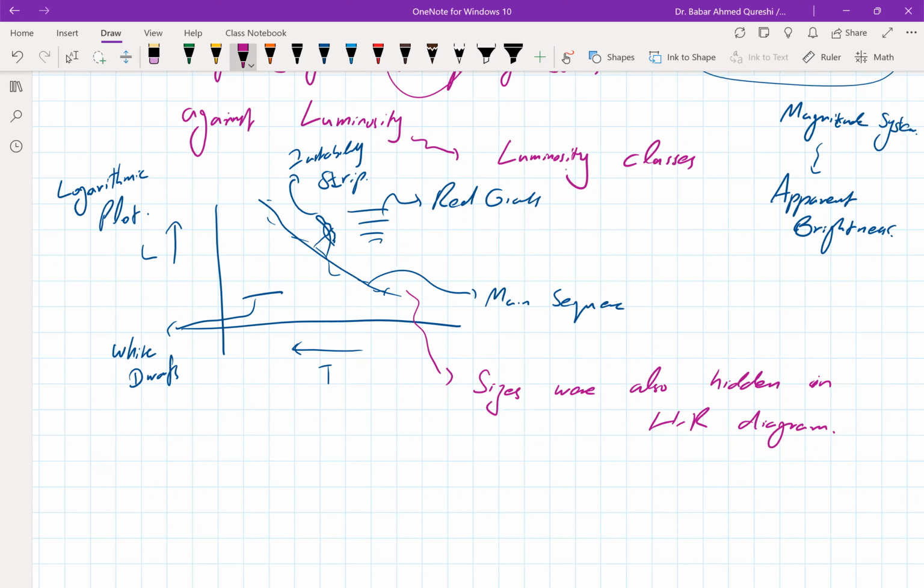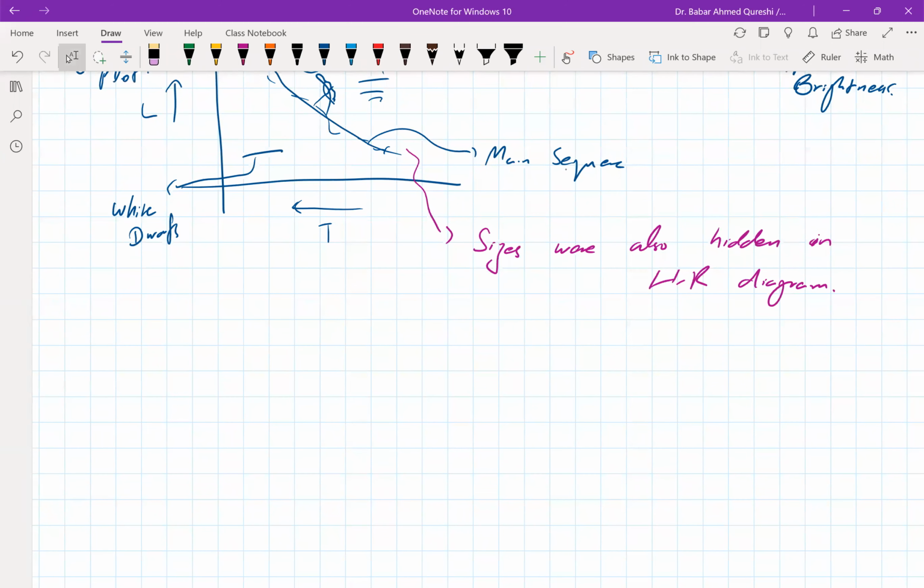So we got patterns of the ranges of temperatures, luminosity, sizes, and ages of the stars. And then, based on this, we tried to form a model of stars.